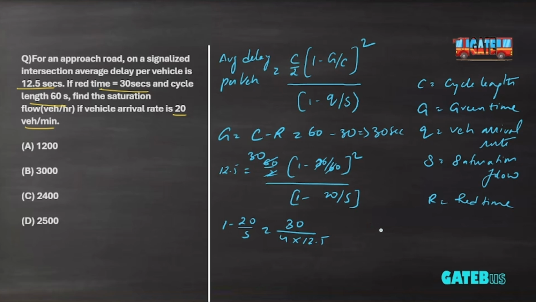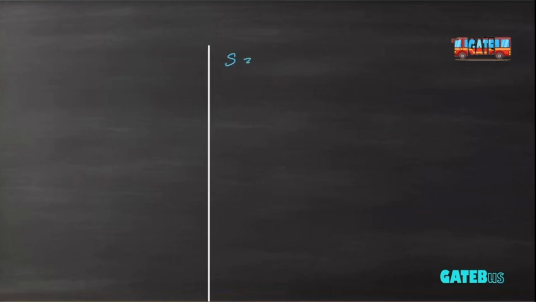So 1 minus 0.6 is equal to 20 by S. Our S is equal to 50 vehicles per minute. So 50 into 60, that is 3000 vehicles per hour.